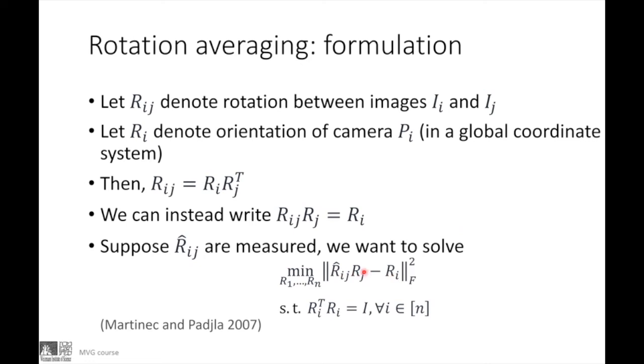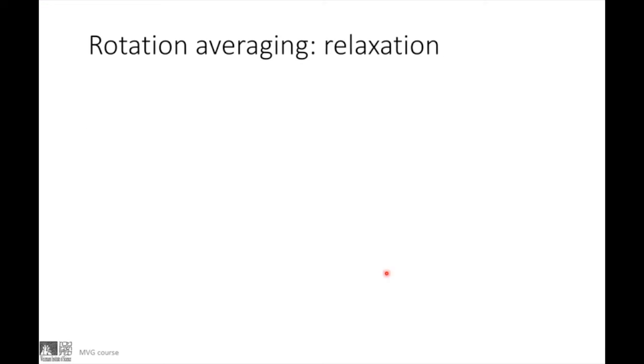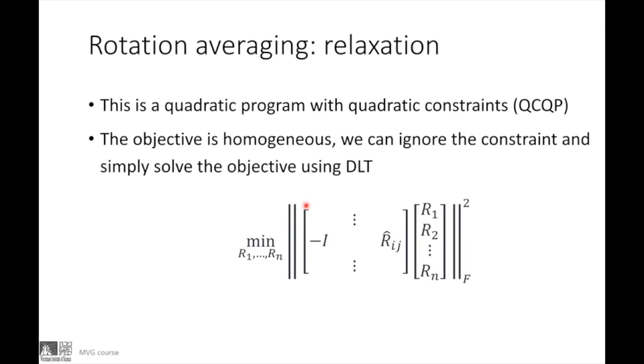So I multiply Rj by Rij and Ri by minus identity. This matrix has rows 3 times the number of equations and columns 3n, because we have n cameras.